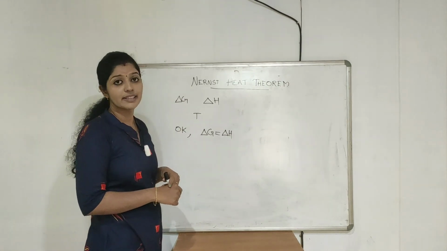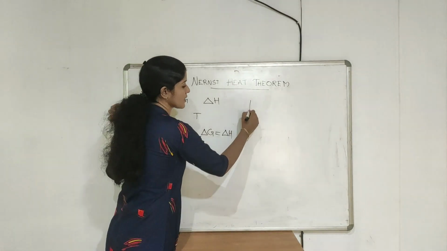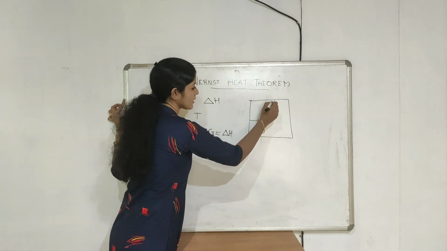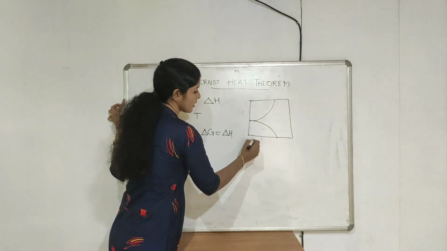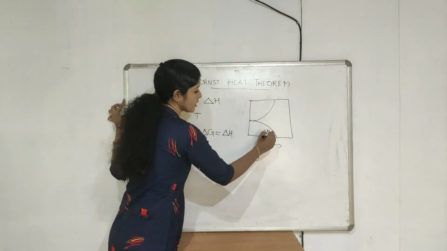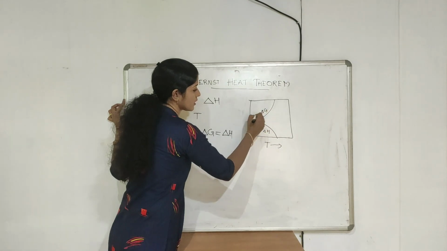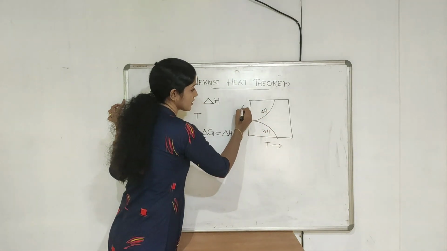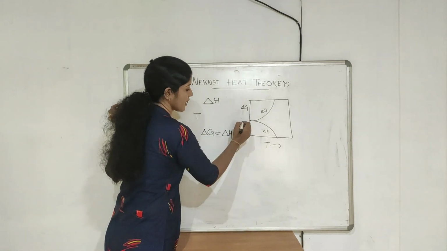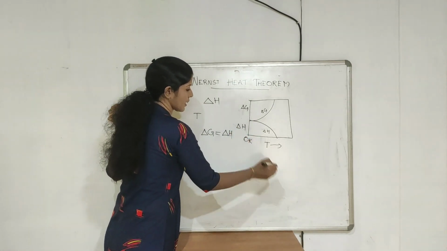How can we represent it graphically? Graphical representation will be like this. This is temperature, this is delta H curve, this is delta G curve. I can represent it here, this area as delta G, this as delta H, and this is 0 Kelvin.